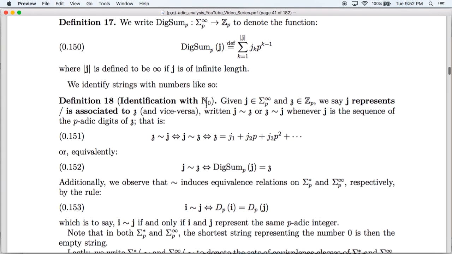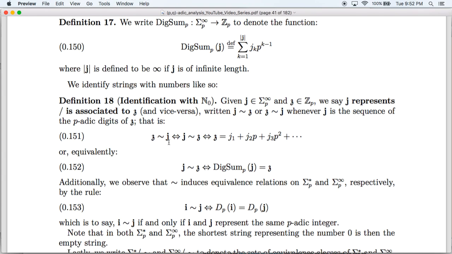Identifications with the non-negative integers. Given j, an infinite string, and given a p-adic integer z, I say j represents or is associated to z and vice versa, written with a twiddle, whenever j is the sequence of the p-adic digits of z.